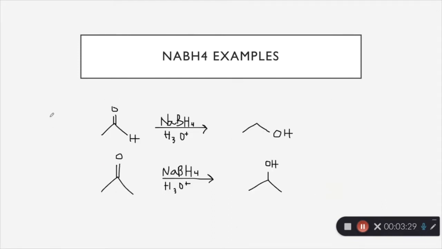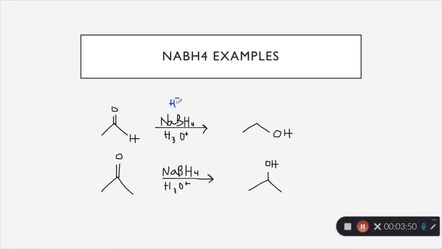All right, so now we're going to go through some examples with NaBH4, which is our mild reducer. So remember that NaBH4 only reduces aldehydes and ketones. And so basically, NaBH4 produces a hydride ion. That's really the gist of what this does.